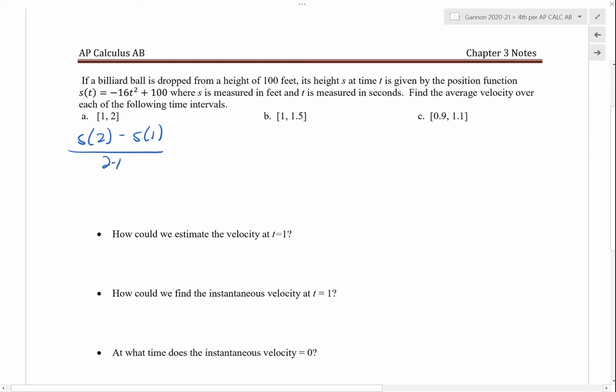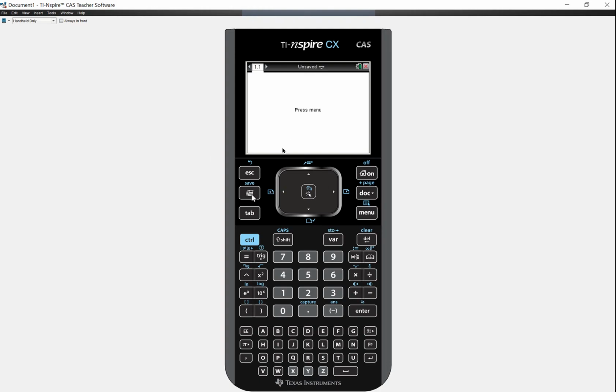Now, for something like this, especially because we're going to have to do multiple values, we're going to use the graphing calculator. So if you take out your Inspire, the first thing we're going to do when we want to calculate a function at multiple points is store that function in our calculator. So we're going to go s parentheses t, close the parentheses.